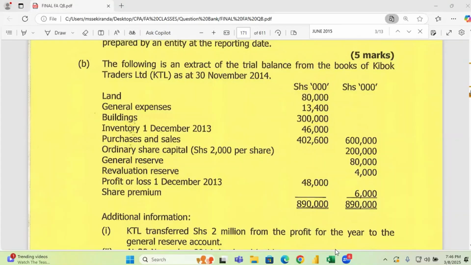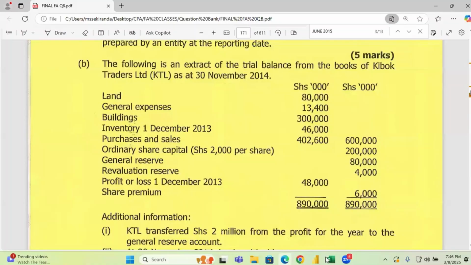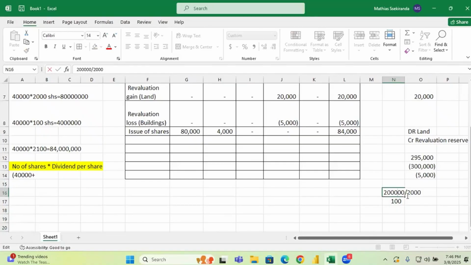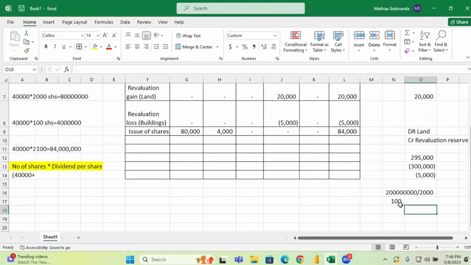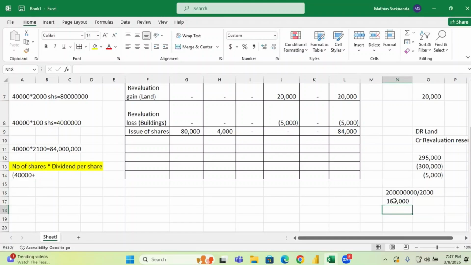I think that will make more sense. 200 million, because the 3 zeros were chopped, divided by the 2,000. So 200 million divided by 2,000 gives us 100,000 shares. But remember, we already have the 40,000 in note number 4 that we have just issued out.